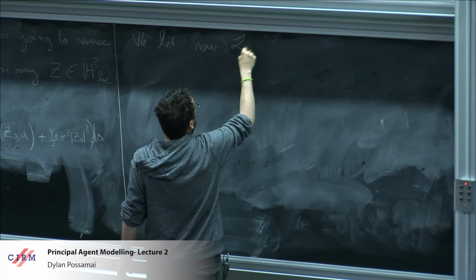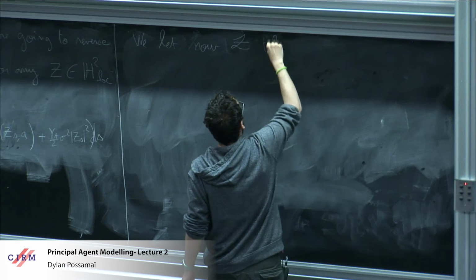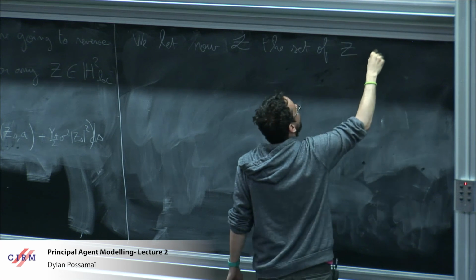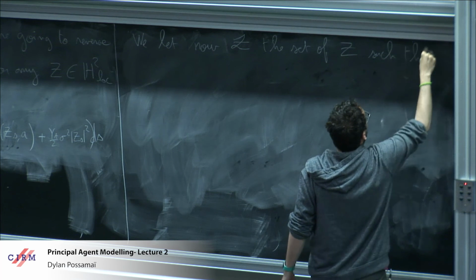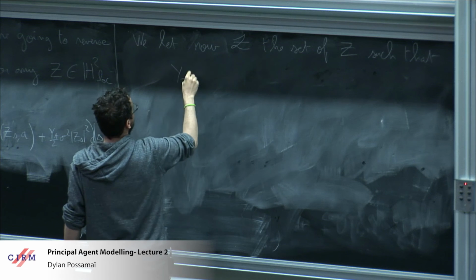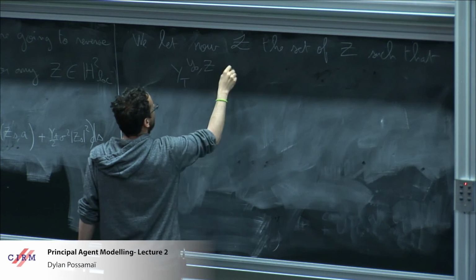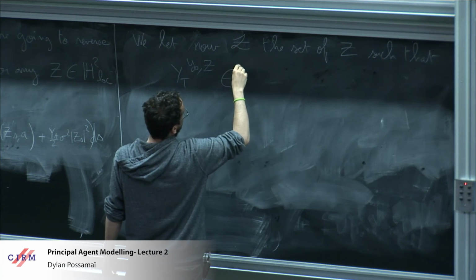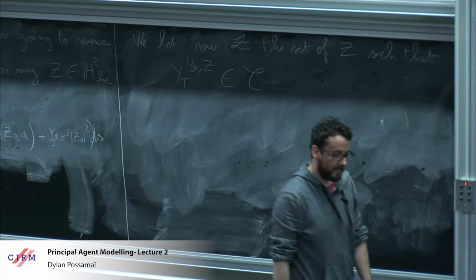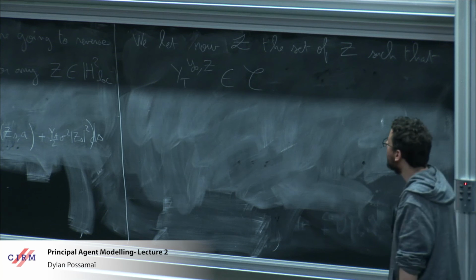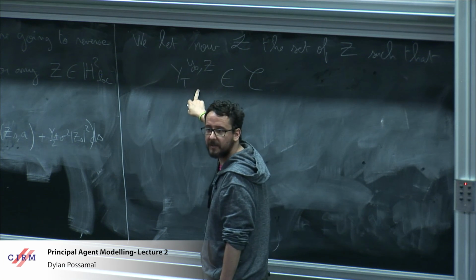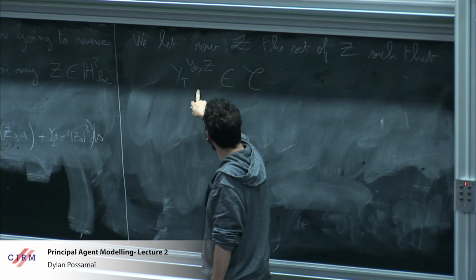And let's call calligraphic Z the set of z's such that if I take now the value of this at capital T, this thing here belongs to C. So this is an F capital T measurable random variable, all right?